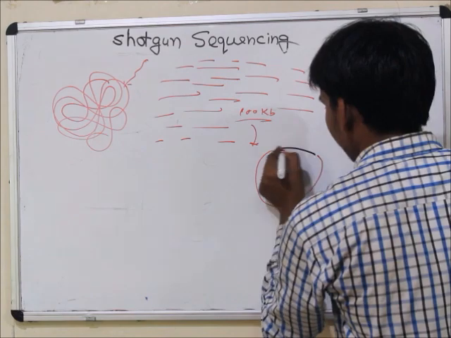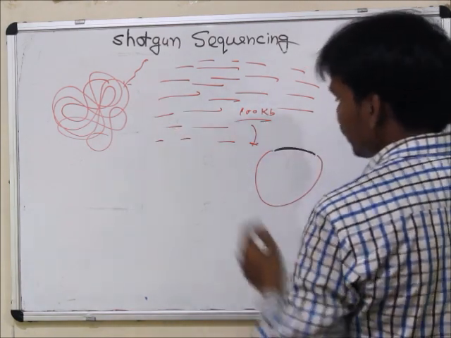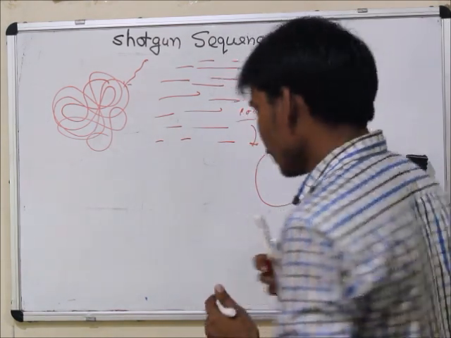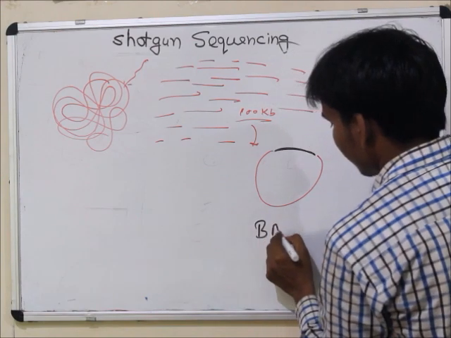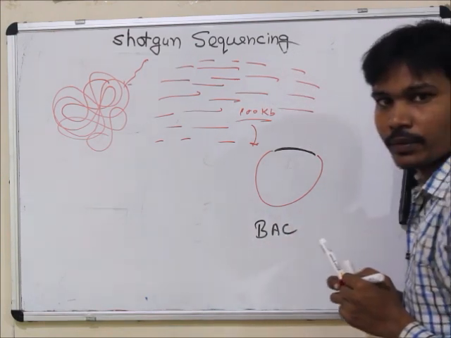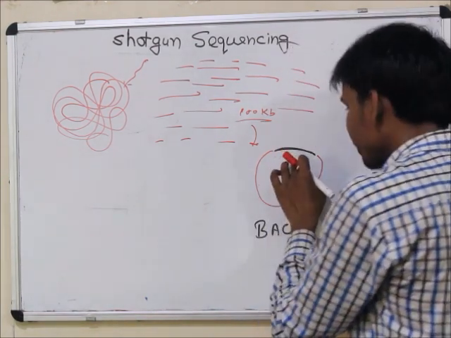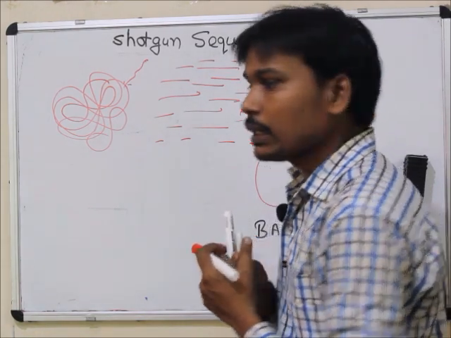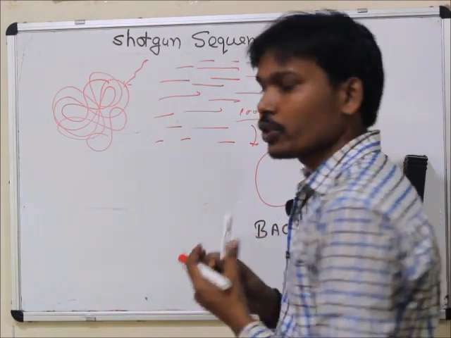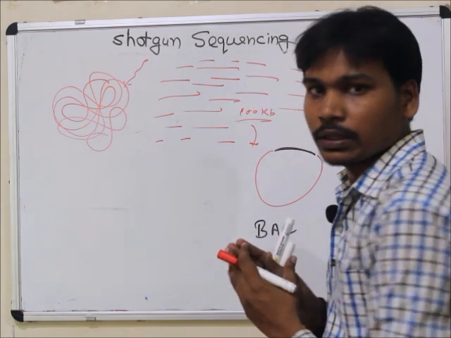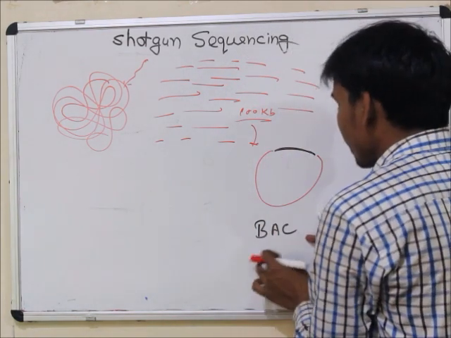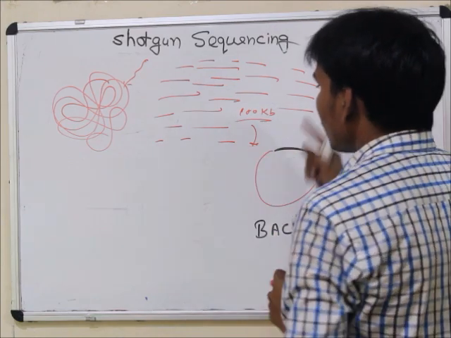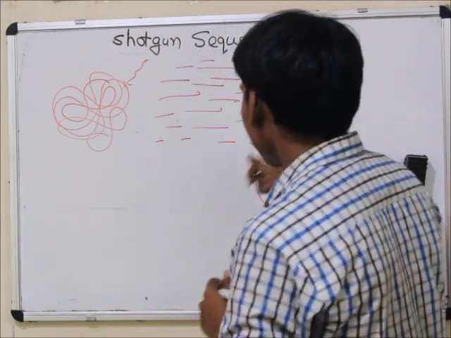All these fragments will be cloned into bacterial artificial chromosomes. How they are inserted and ligated will be another topic. Today you should know that the bacterial artificial chromosomes will duplicate or clone the 100 kb fragments.